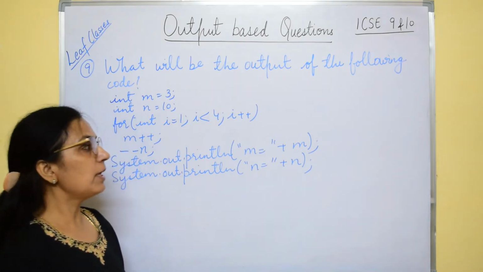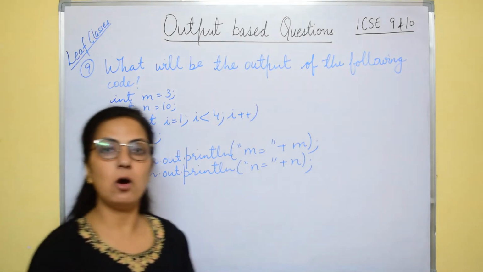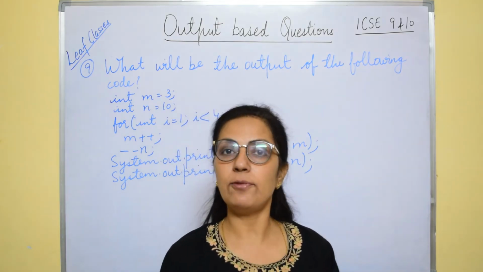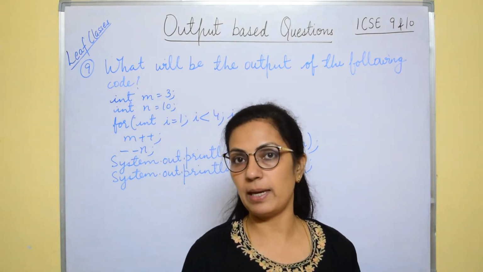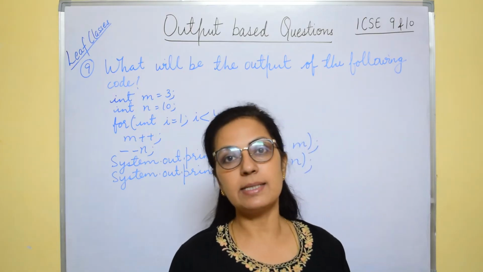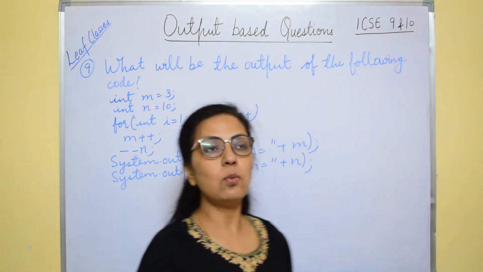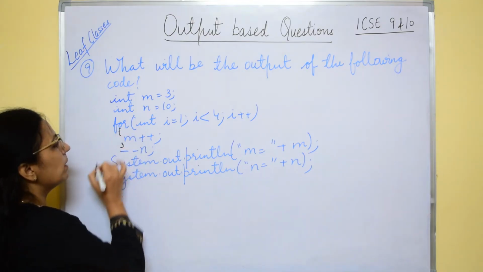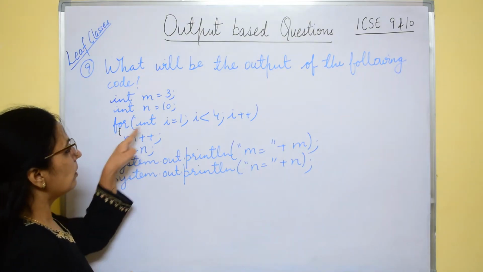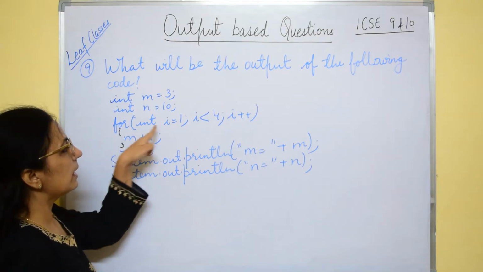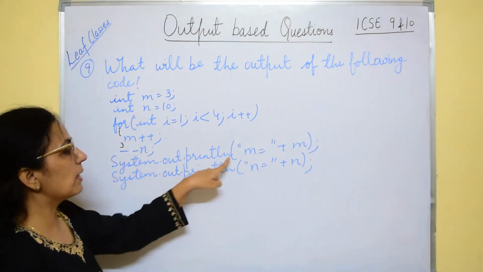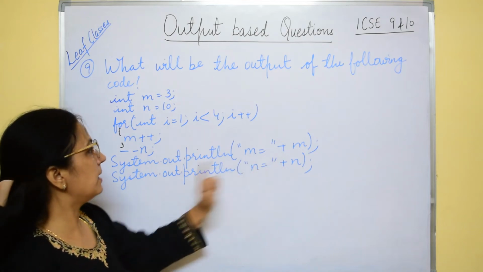Whenever we get this type of program, all of you know that after for, after if only one statement is to be executed, then braces are optional. But my advice is to just put the braces here so that it will be clear to you that only one statement is there inside this loop. Okay. Then we have System.out.println m and n.